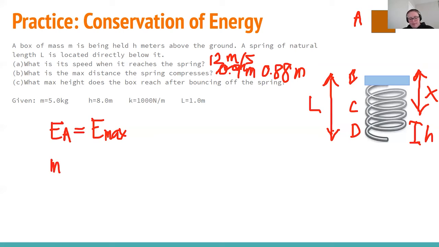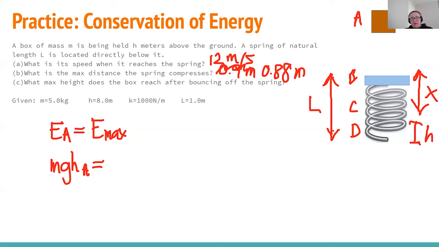At point A, I have mgh, my gravitational potential energy. And at my maximum height, there's no kinetic energy because there's no velocity at the maximum height. There's going to be no compression energy or elastic energy because the spring isn't going to be anywhere near the block.